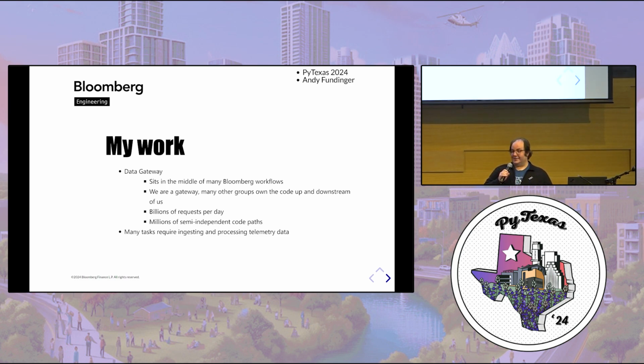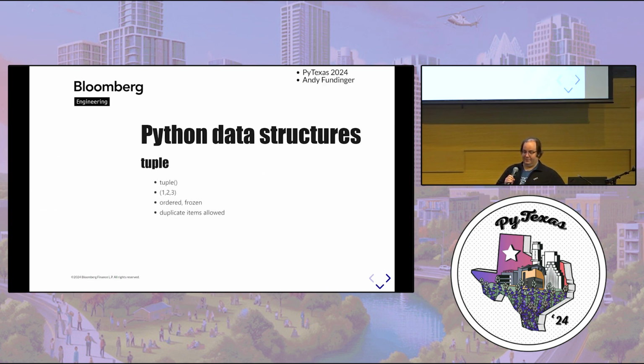If it's an index, you need the price of a whole bunch of other things to figure it out, and then you can send that back. And that's where our code paths just multiply. So a lot of what I do day to day is ingest telemetry data and process it a bit to understand what's going on in a complex system.